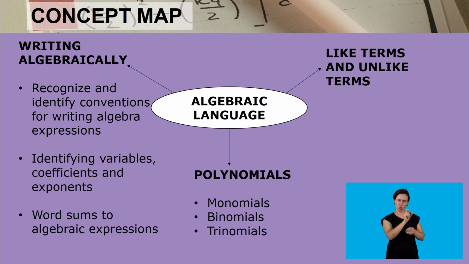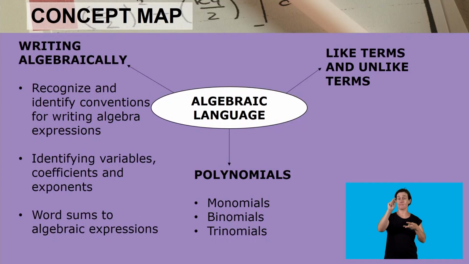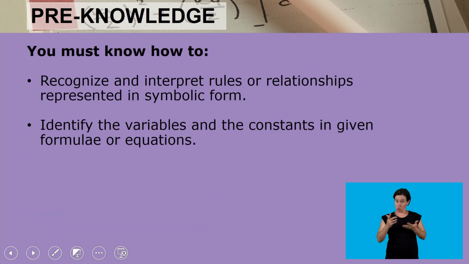Then our second concept, we are going to be looking at like terms and unlike terms. Then lastly, we are going to be looking at polynomials, where we are going to look into monomials, binomials, and trinomials.